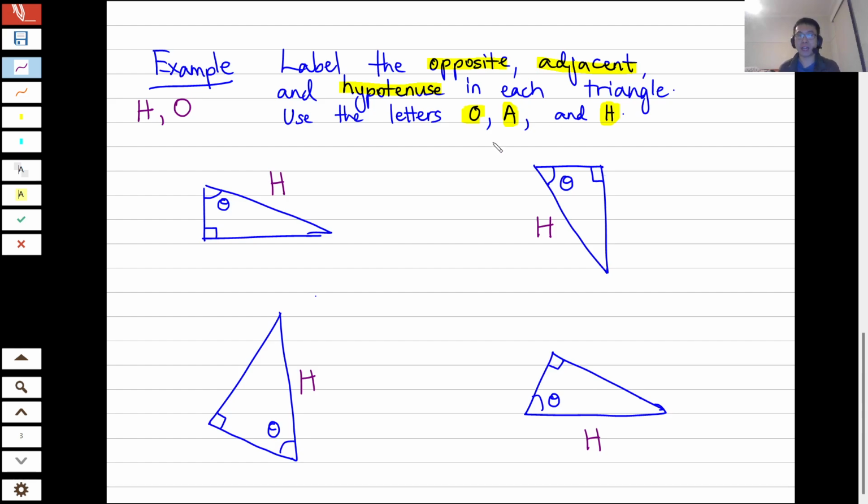Once I've got H, I've narrowed down the opposite side to two sides. To label O, I need to look at the side that is facing outwards from the reference angle, theta. So again, I'm going to draw an arrow from the angle theta to the side which is opposite to it. And by the process of elimination, the adjacent side should be the side that's left over, which hasn't been labeled.